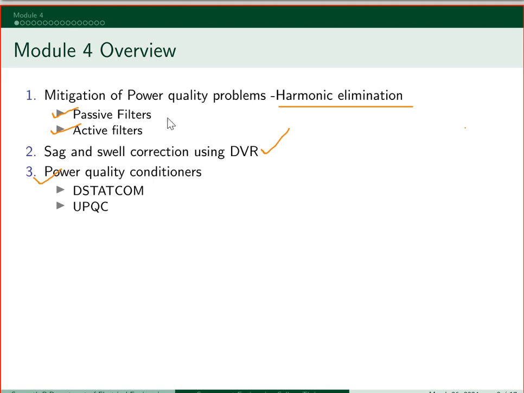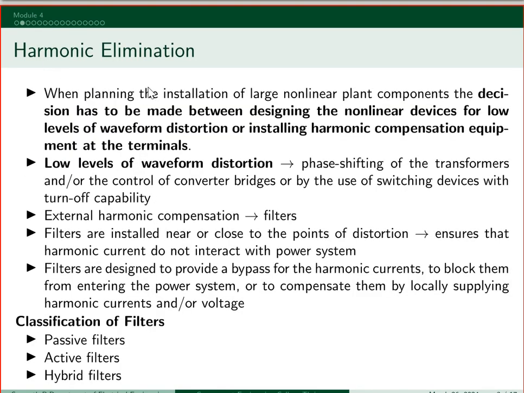So the first part is concentrated towards harmonic elimination, where filters can be used or placed to eliminate the harmonics. Now, when we are planning for any installation, we have two options. One is that we can choose the devices in such a way that they produce a minimum level of voltage distortion.